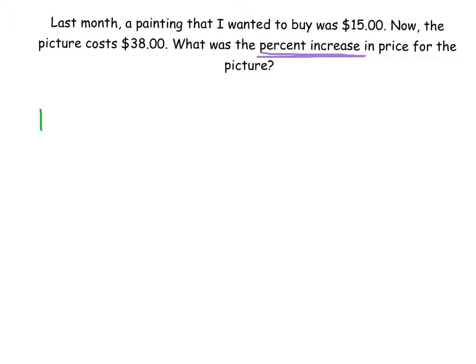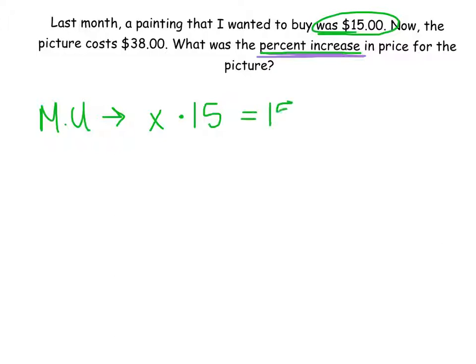Start with our markup. Markup, remember, we take our percent. It's our unknown, and so we'll call it x, times the initial. It was 15, that's what it started as. The only way to simplify is to write it prettier. 15x.